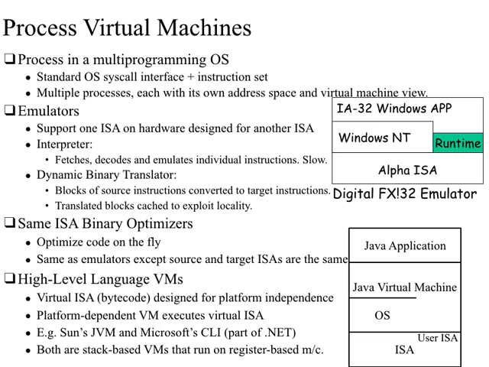So in contrast to emulators, there are other types of runtimes called optimizers. Here you don't convert from one ISA to another. The source and the target ISAs are the same, but the job of an optimizer is to perform some efficiency enhancing operations on the code.